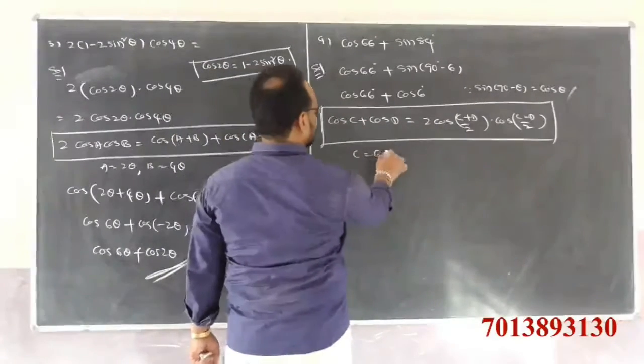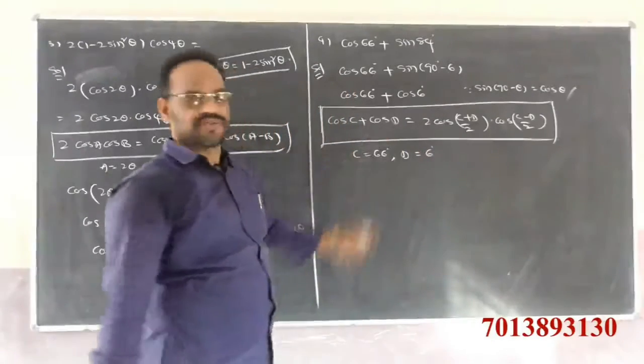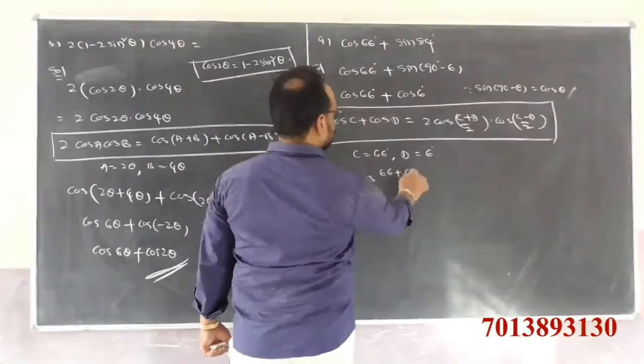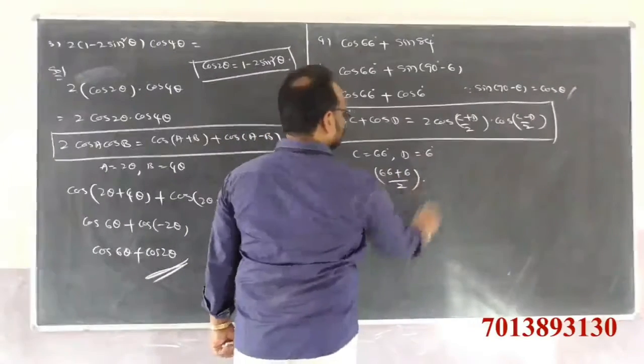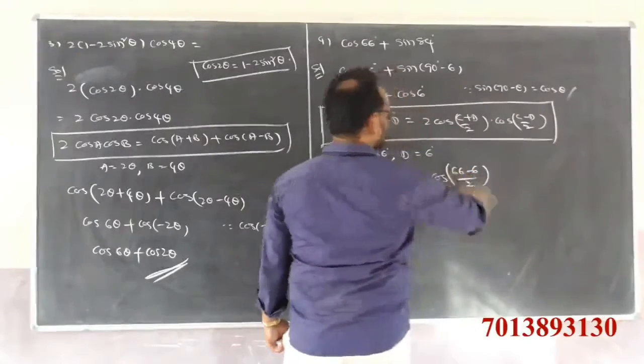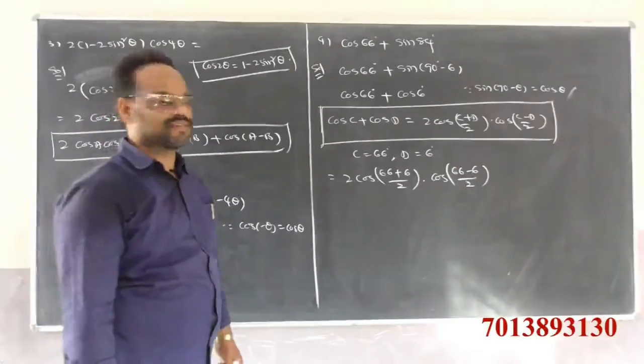Clearly C is equal to 66 degrees, D is equal to 6 degrees. Substitute here, that is equal to 2 cos ((66 plus 6) by 2) into cos ((66 minus 6) by 2).